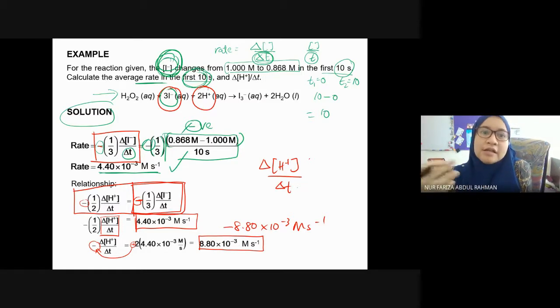Tapi sekarang dia dah remove. Okay, tak apa. Kalau you dapat the negative kat situ, you transfer to the other side. Okay, the negative shows that it is a reactant. Tapi kalau produk you tak patut dapat negatif, you jangan simply abaikan dia ke apa. You patutnya positive value. Okay? Alright.